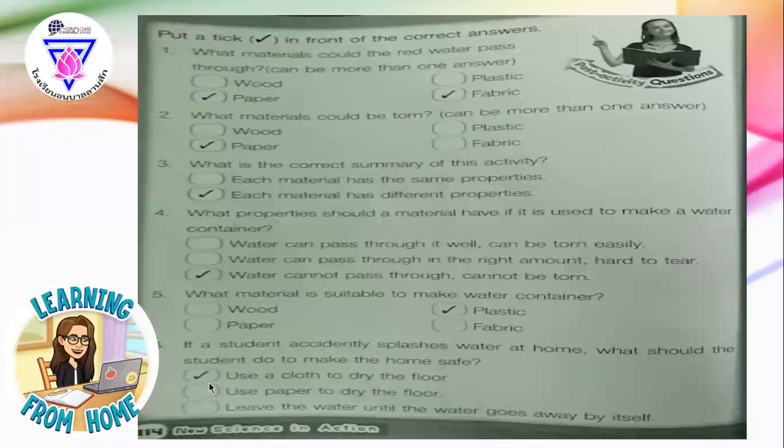The answer here is use a cloth to dry the floor. Why? Because cloth can absorb water, and it makes the floor dry. Okay, now let us continue.